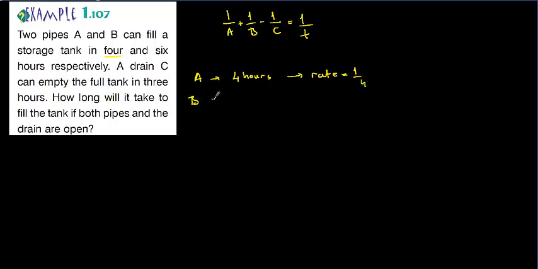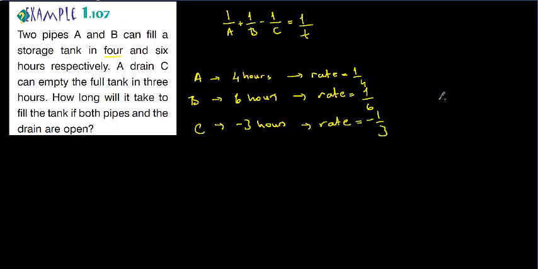For B, if it is 6 hours, it means that the rate is going to be equal to 1 over 6. And for C, if it empties the tank in 3 hours, which means minus 3 hours, because if they work positively, this works negatively, then the rate is going to be equal to minus 1 over 3.